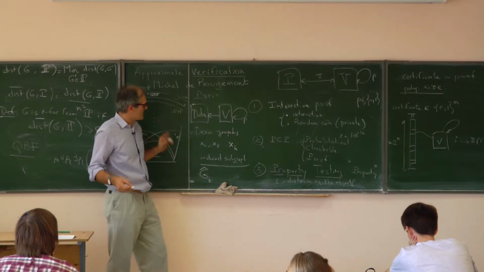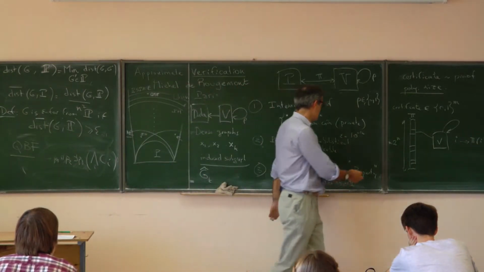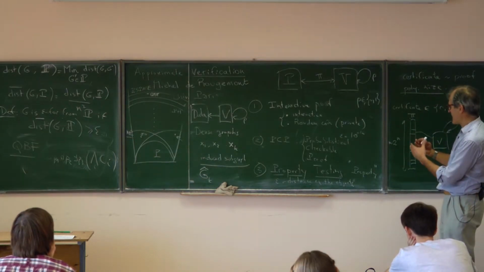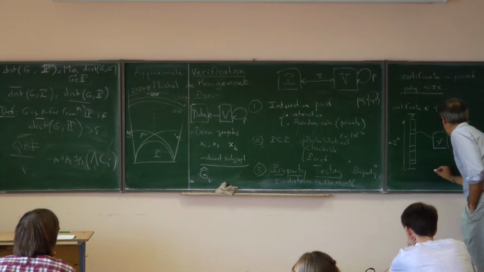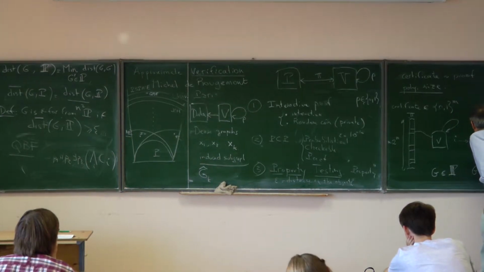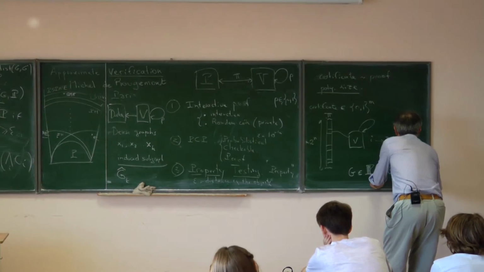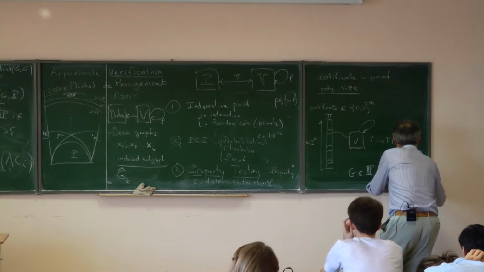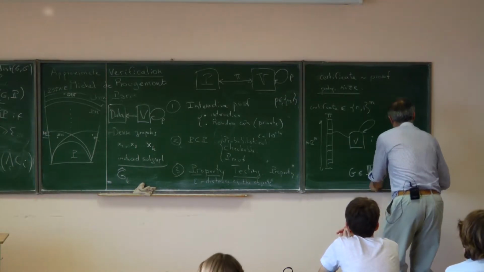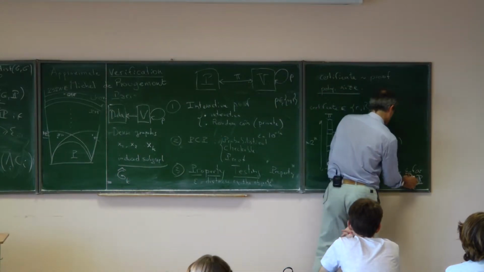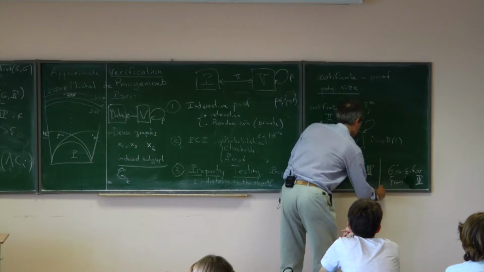All right. So now, property testing is going to be that you have a verifier that decides between G is in the property and G is epsilon far from P. When G is epsilon close, you don't guarantee anything.